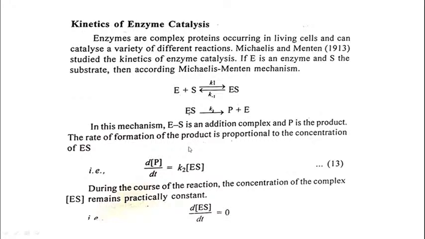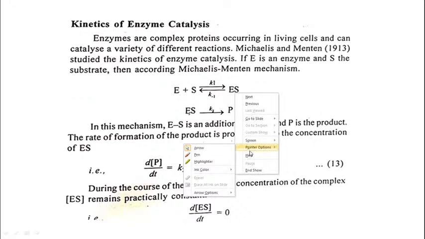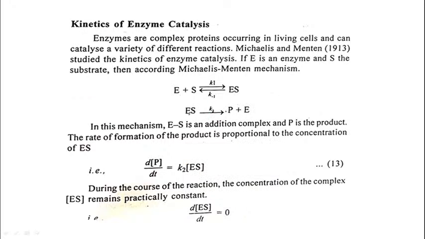Now the rate of formation of the product is proportional to the concentration of ES. In the second step there is formation of the product; that is the slow step, the rate determining step. In chemical kinetics, the slow step is always the rate determining step, and according to that we can write the rate of the reaction.